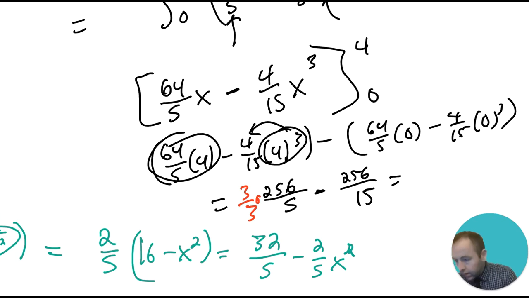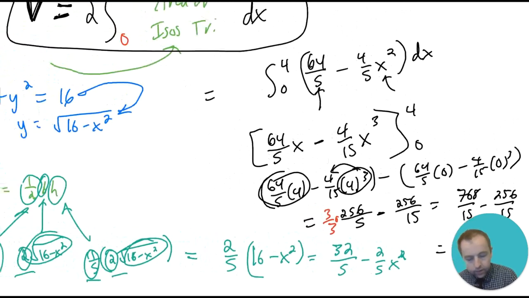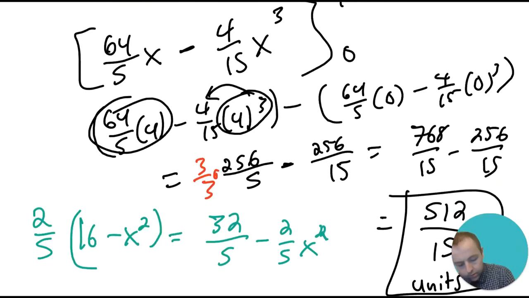It ends up being 768 over 15 minus 256 over 15, which ends up being 512 over 15. Okay, and then we're finally done. So that would be the volume, in cubic units, for that three-dimensional solid there.